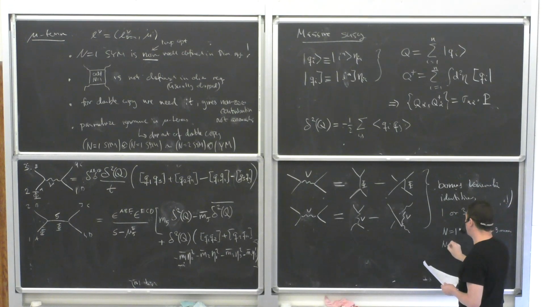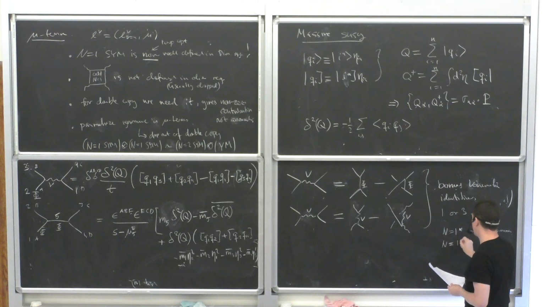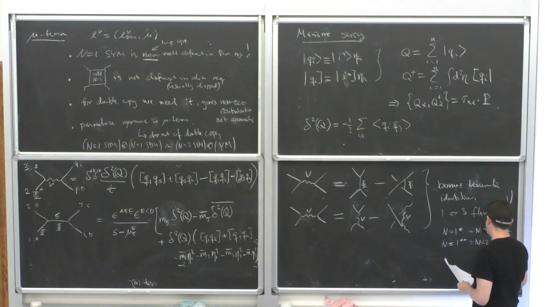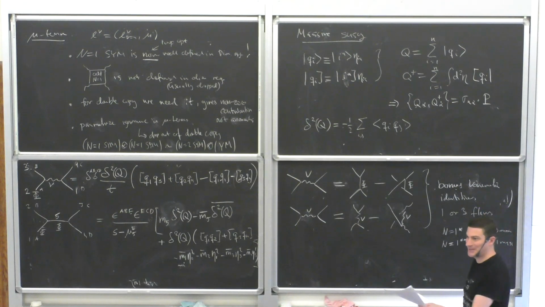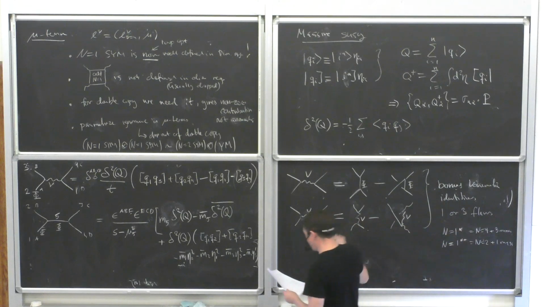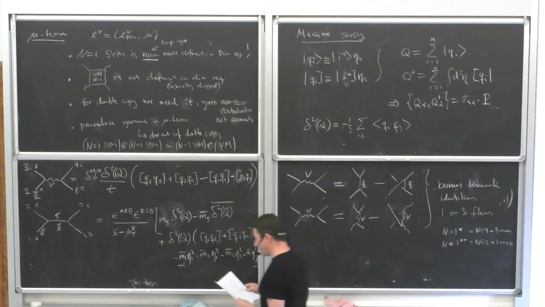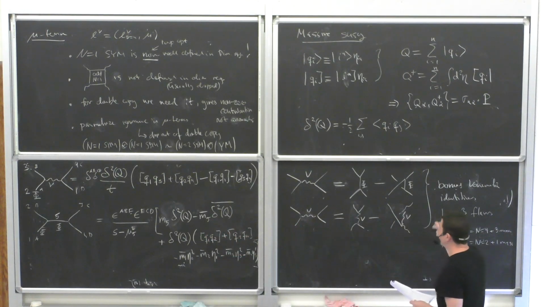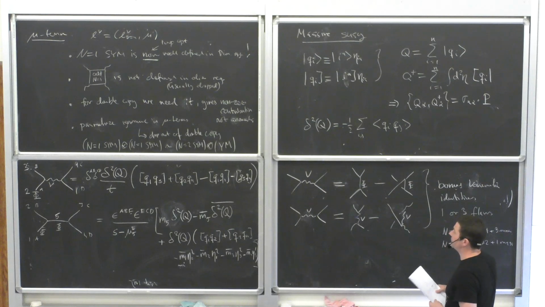We were struggling a bit with the other case, so we called it n equals 1 double star, which is basically n equals 2 plus 1 mass. I don't know if it has a better name. I don't know if you know. But these are the two cases which are very special. Anyhow, so we imposed those additional bonus relations in order to get to our masters, which I now have erased.